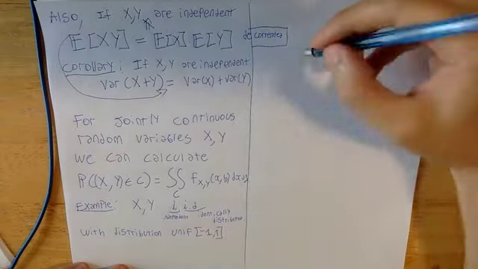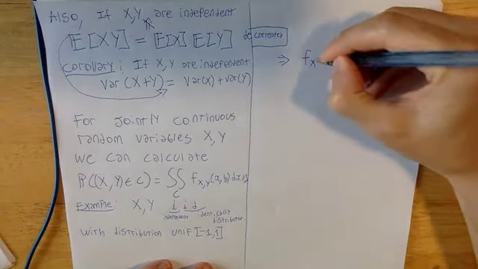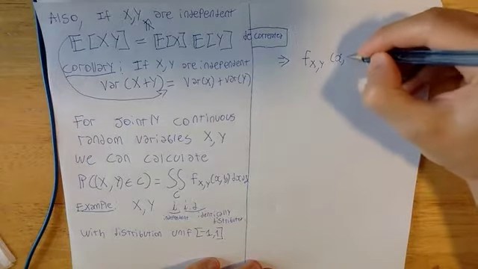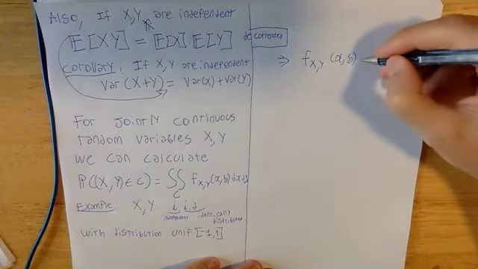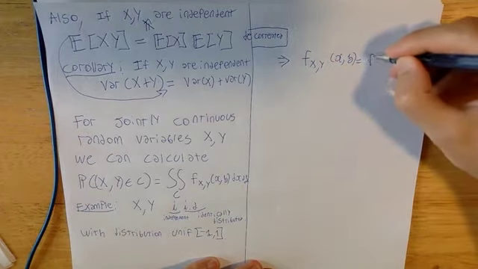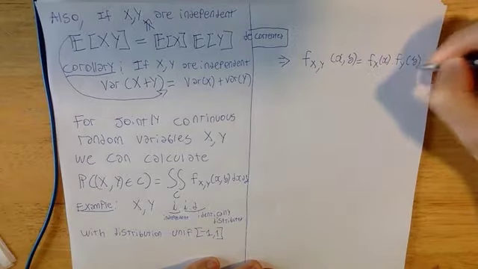Then the joint density function f of xy at x and y is going to be equal to f of x at x times f of y at y.